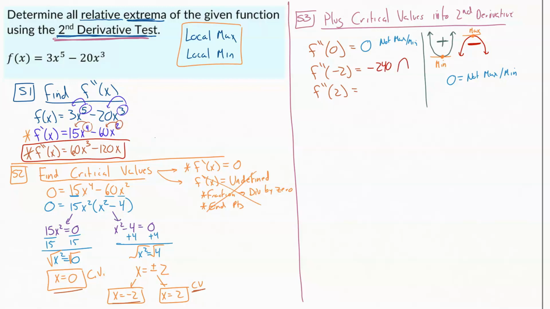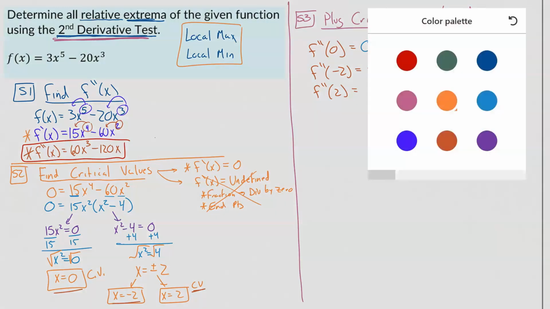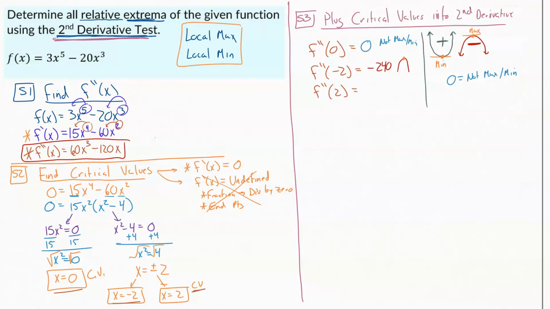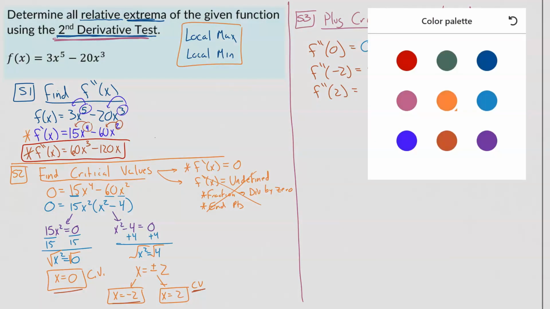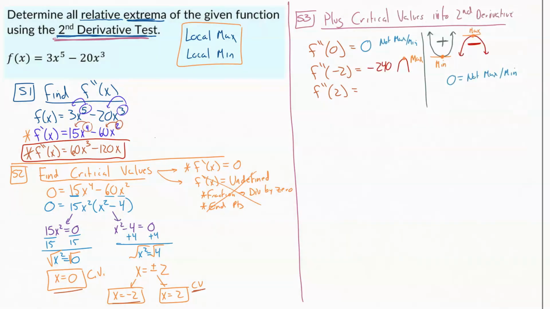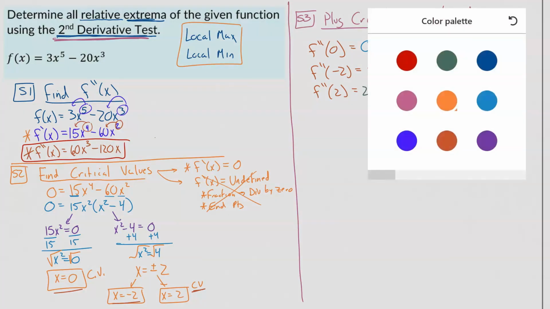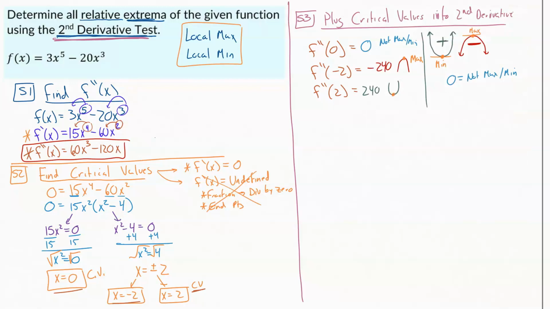So that tells us that this is concave down like a frown. And so what we know we're looking at here is a local max or a relative max. Plugging in 2 into that equation, you're going to get out a positive 240. So that positive tells us that this is concave up like a cup, and so that critical value in the concave up section has to be happening at a min.